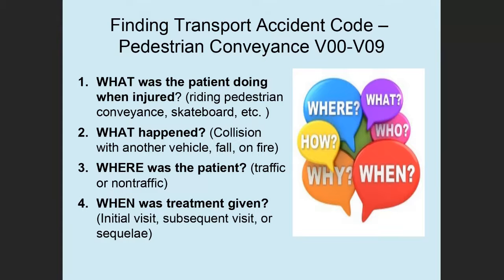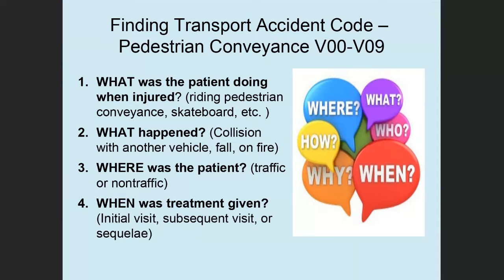So pedestrian conveyance, this is like roller skates. Conveyance means transporting someone from one place to another. So roller skates, sled, things like that. So here are the questions to ask for pedestrian conveyance. What was the patient doing when injured? What happened? Where was the patient?